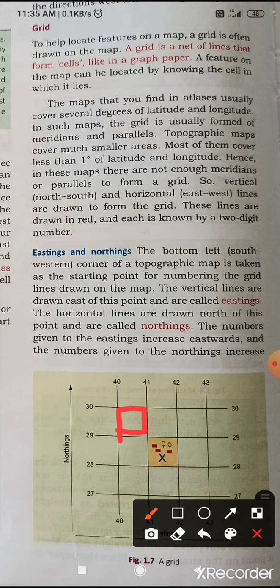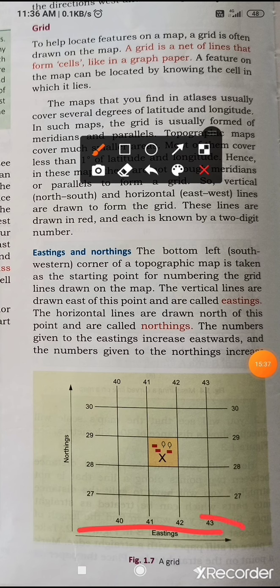And how can you find out the 4-figure grid reference from this grid? I'll tell you. First of all, you have to see that this is easting and this is northing. Okay, so first of all you have to learn what is easting.